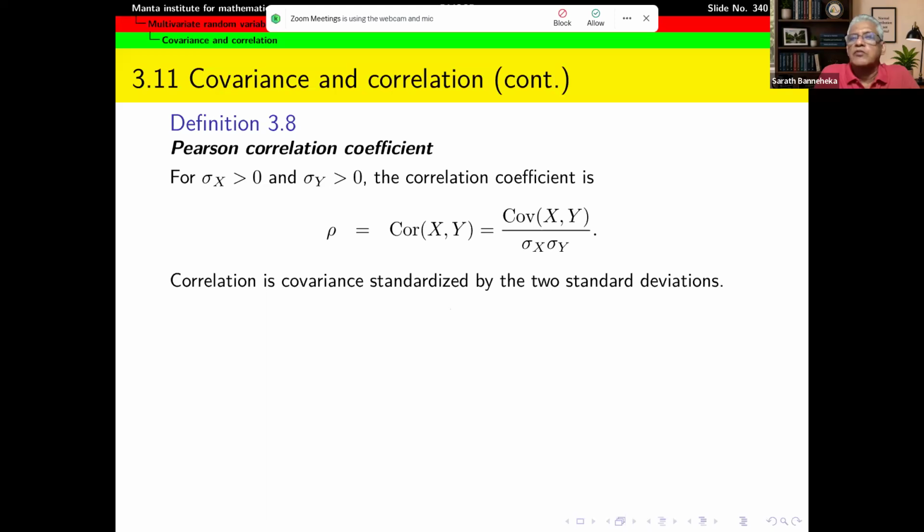So we can avoid this problem by considering a relative measure, so that the units will cancel out. There exists such a relative measure commonly used that is called correlation coefficient.